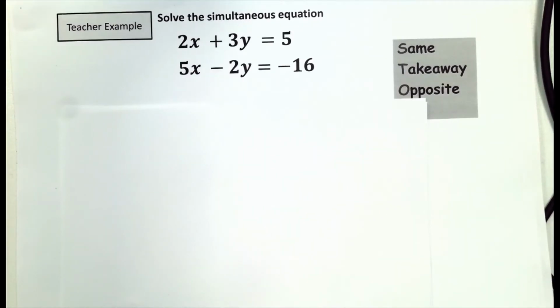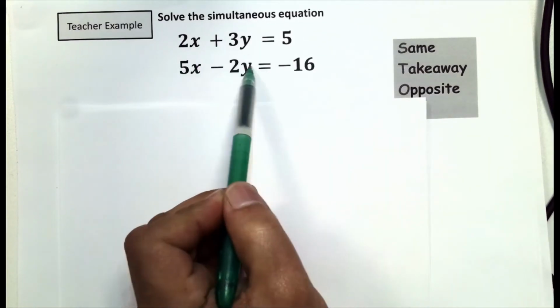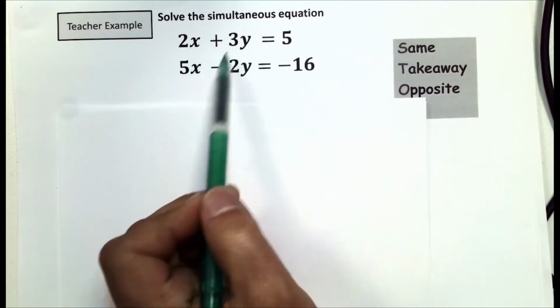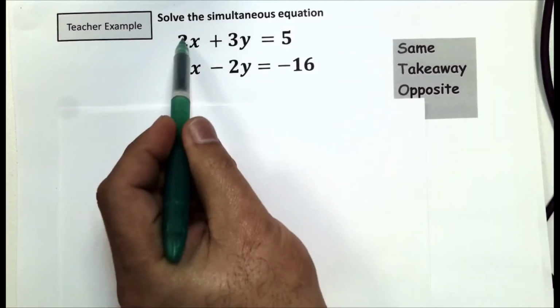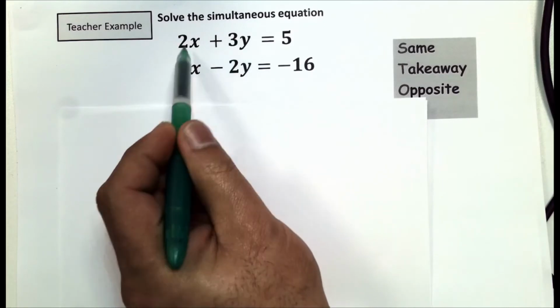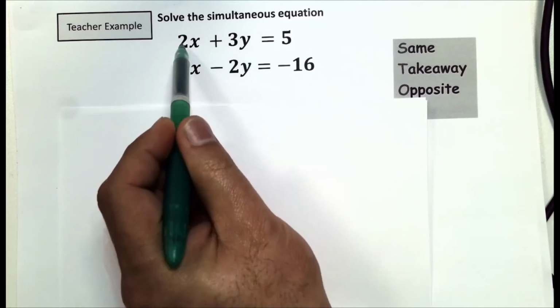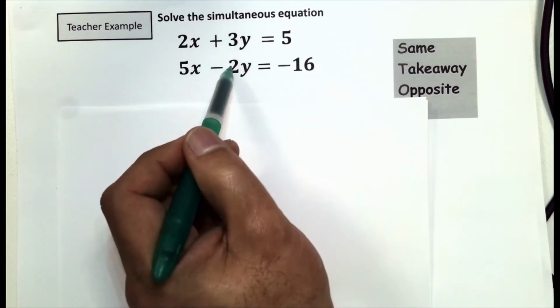For the second example, again I've got two simultaneous equations, x and y in both, so two unknowns, two simultaneous equations which we are going to solve simultaneously. The first step, again, look at the coefficients. This time the x coefficients are 2 and 5, y coefficients are 3 and 2.